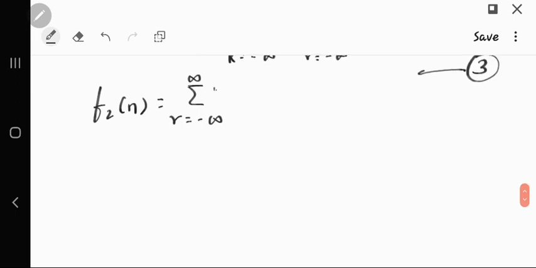Okay, so now in the beginning we have defined f2 of n is equal to summation r is equal to minus infinity to plus infinity h1 of r, h2 of n minus r.